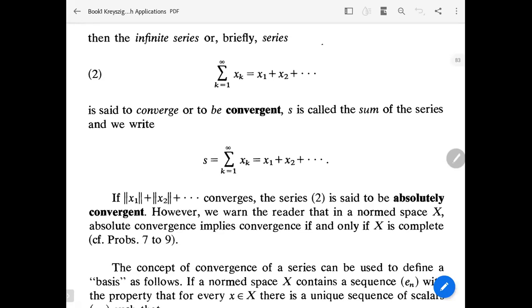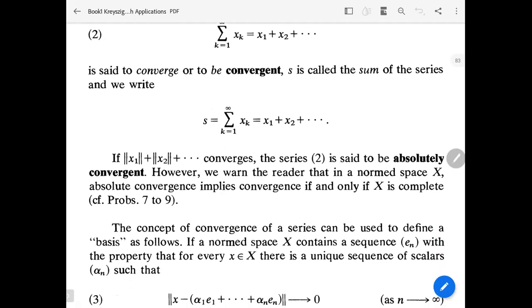So X is a Banach space. So if X is a Banach space, then absolute convergence implies convergence. So the result you have in calculus, you have in Banach spaces, the same result. So absolute convergence implies convergence.